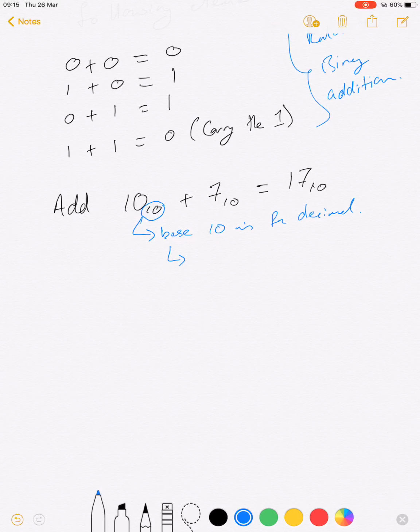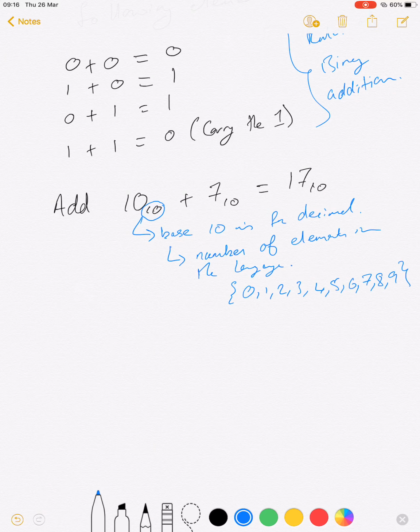We get the base from the number of elements in the language. For decimal this will be 0, 1, 2, 3, 4, 5, 6, 7, 8, and 9. So we have 10 elements, which is why we get base 10.